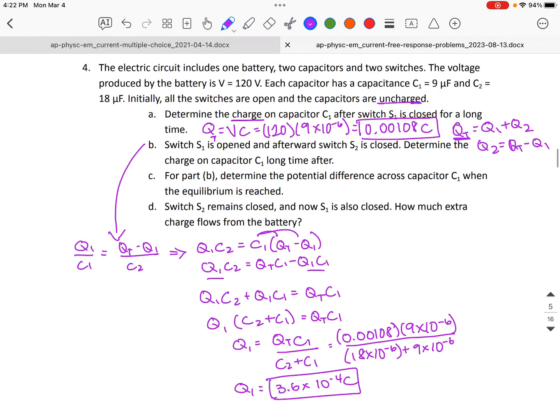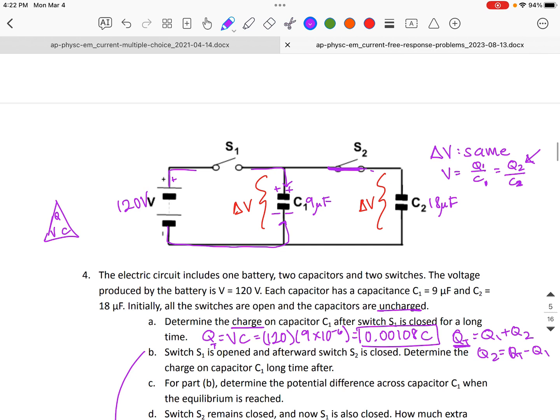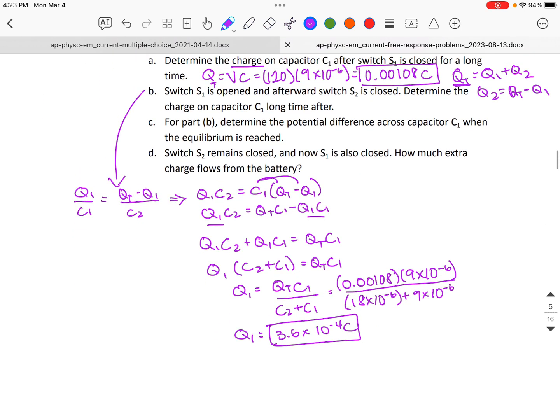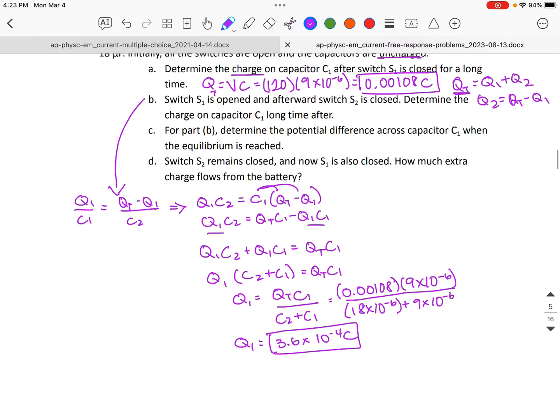Okay, so if I go back up here, I have a charge of 3.6 times 10 to the negative 4. Part B asks to determine the potential difference across capacitor 1. So it doesn't ask me for the charge on capacitor 2, but I know that if I subtract Q1 from the total, I could get the charge on capacitor 2.